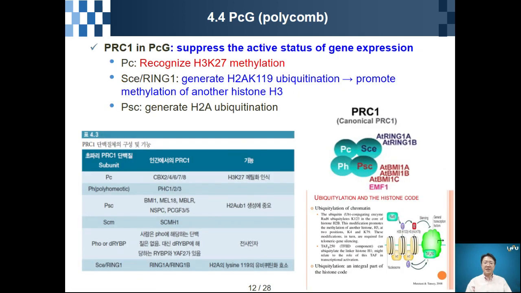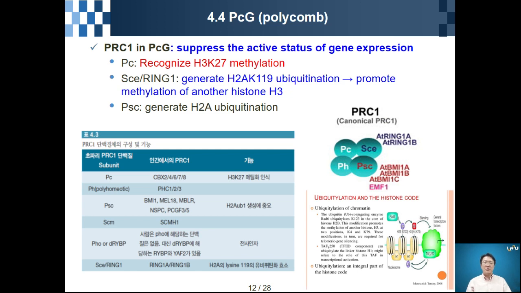PCG is composed of two types of protein. One is PRC1, the other one is PRC2. PRC1 we will learn in this slide, and PRC2 we will learn in the next slide. The main function of PRC1 is to suppress the active status of gene expression.